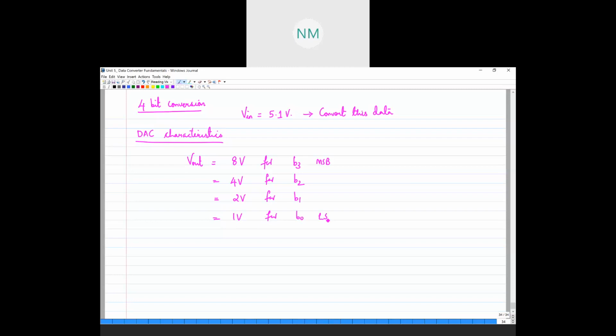So this is the LSB and the other one is the MSB, right? Because this is what we do for each bit set from LSB to MSB. For each bit, these are the corresponding output voltages of this DAC, right? So this is the DAC characteristic.